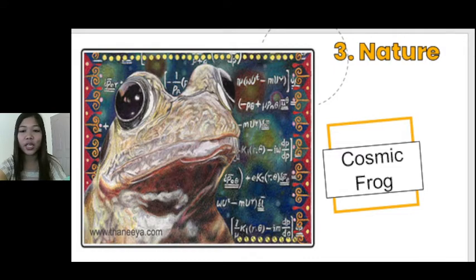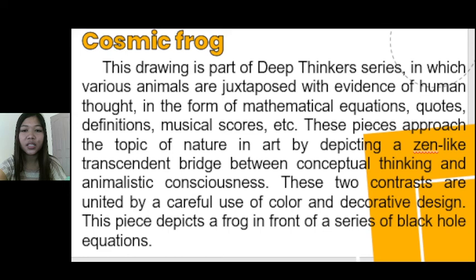This is a cosmic frog. This drawing is part of the Deep Thinker series, in which various animals are juxtaposed with evidence of human thought in the form of mathematical equations, quotes, definitions, musical scores, and etc. So these pieces approach the topic of nature in art by depicting a Zen-like transcendent bridge between conceptual thinking and animalistic consciousness.